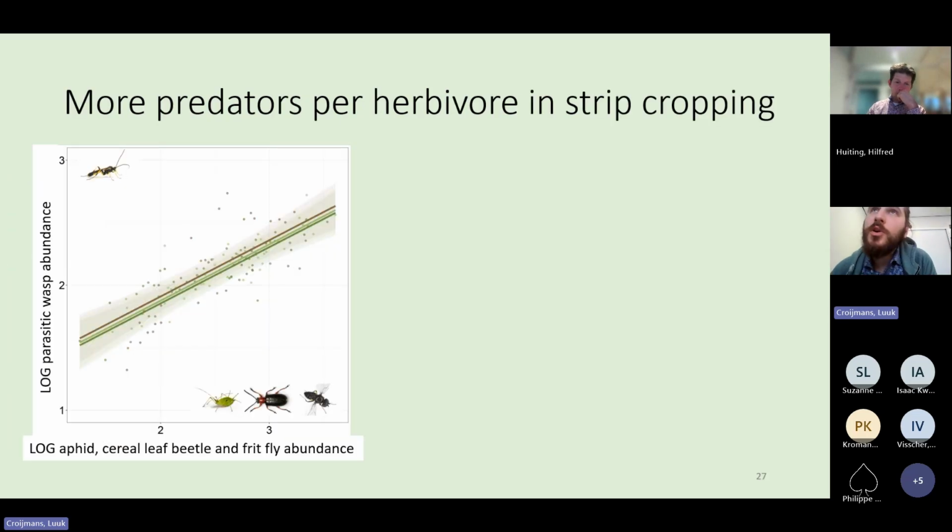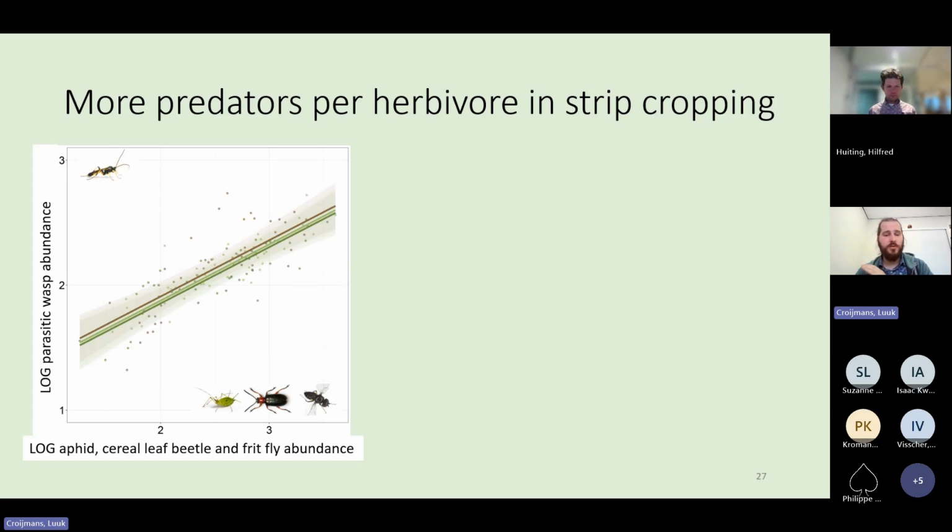Well, then we also wanted to know what happens kind of per herbivore. So if you look in natural enemies, they tend to follow the herbivores, right? They go to wherever the food is, so to say. So this is a graph that I personally would have expected. So on the x-axis, on the bottom, you can see how many herbivorous insects there were, and on the left, you can see how many parasitic wasps there are, and there's actually a nice correlation between them.